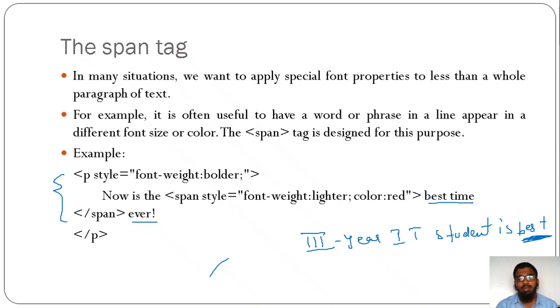So best time will be displayed in red color. Here I need to give the opening tag for the span, and here I need to close the span. So whatever color you want, the text will appear in that color.